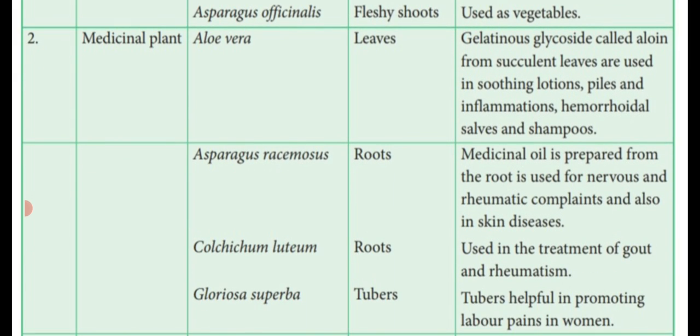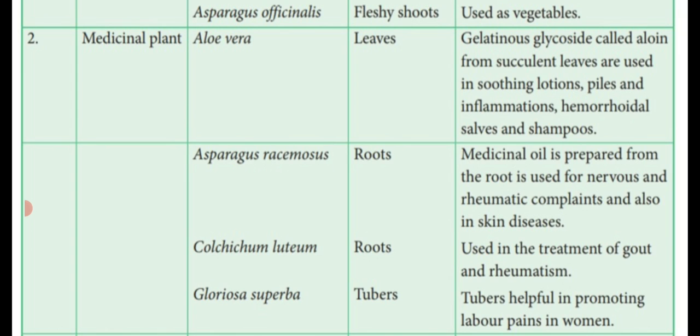Then medicinal plant aloe vera. We already studied the economic importance of aloe vera. Leaves contain a gelatinous glycoside called aloin. The succulent leaves are used in soothing lotions, that means softening lotions, piles and inflammations, hemorrhoidal salves and shampoos.